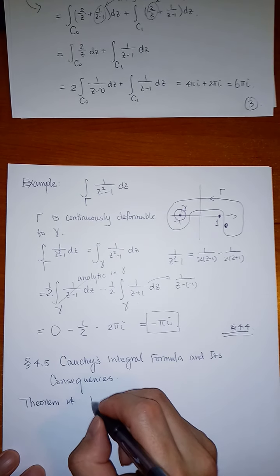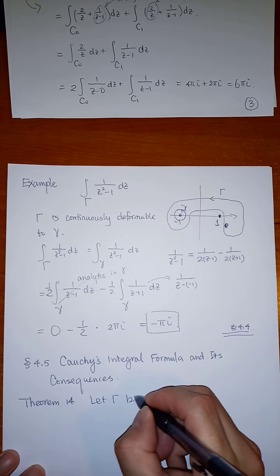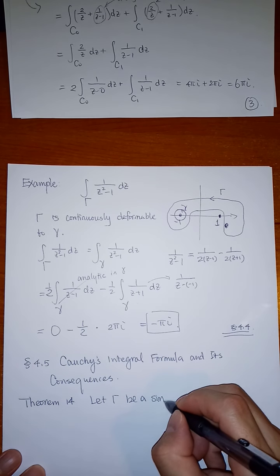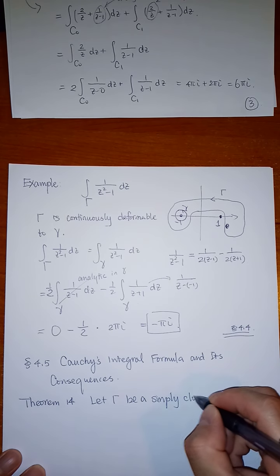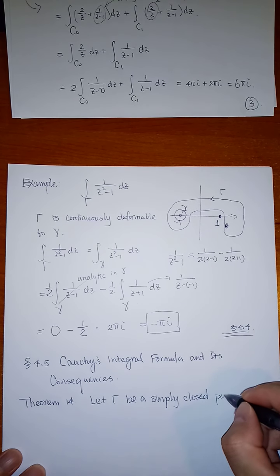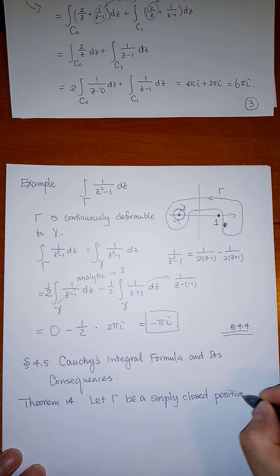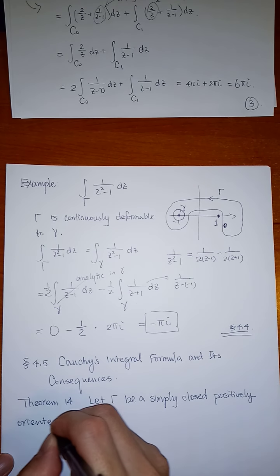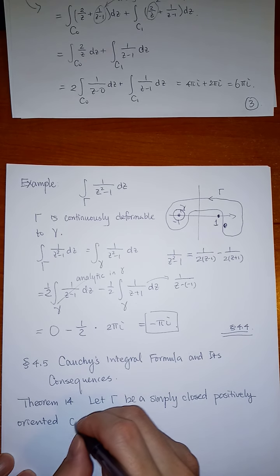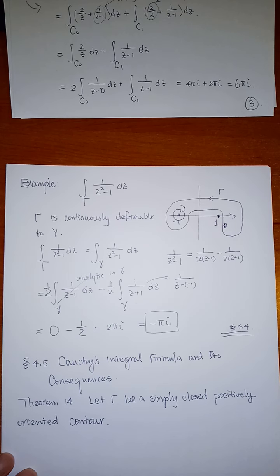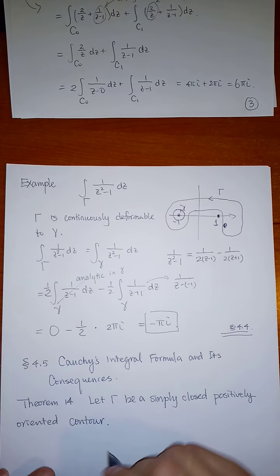Theorem says let gamma be a simply closed, positively oriented contour. Closed. It must be closed.